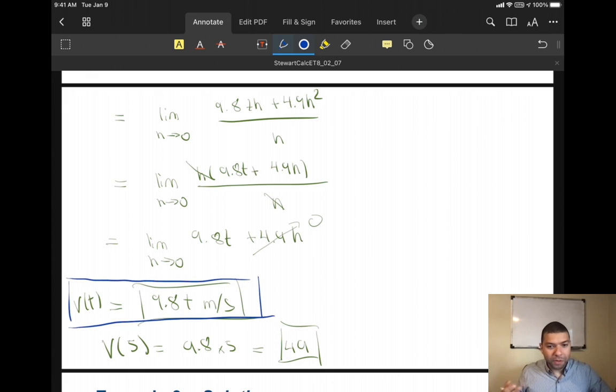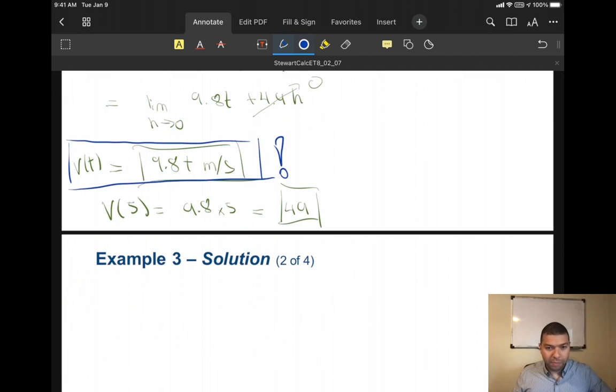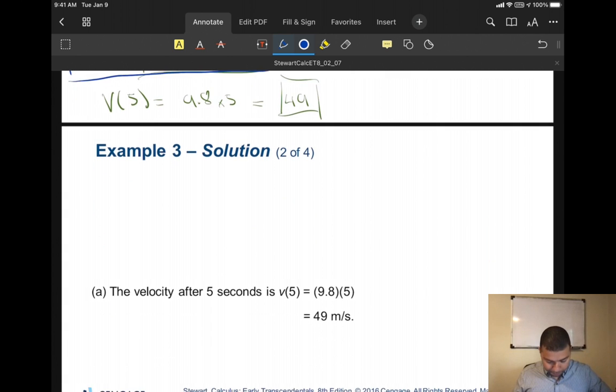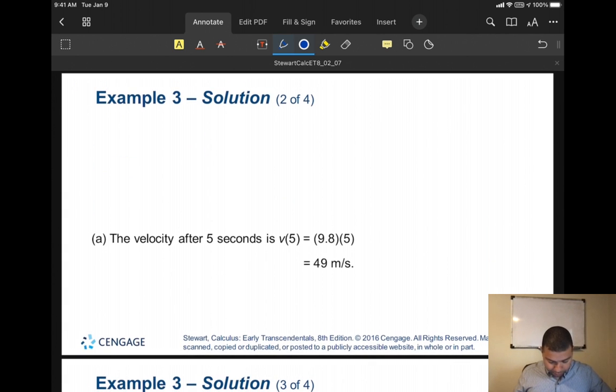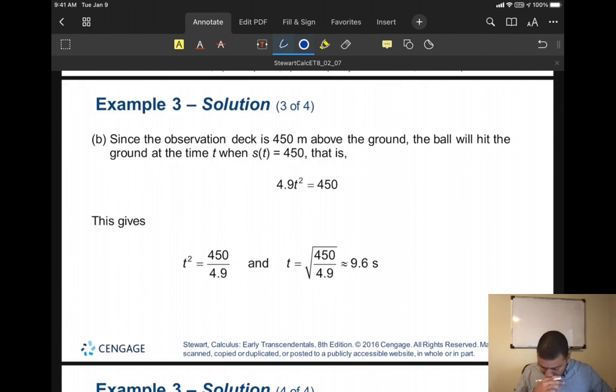As soon as I find how much time has elapsed between when the ball starts falling and when it hits the ground, I now know exactly what to plug into v to find that out. I don't have to do any more limits. I only do it once. And that's what you have there. This is the answer for A. And for B, they use the equation s of t equals 4.9 t squared equals 450.